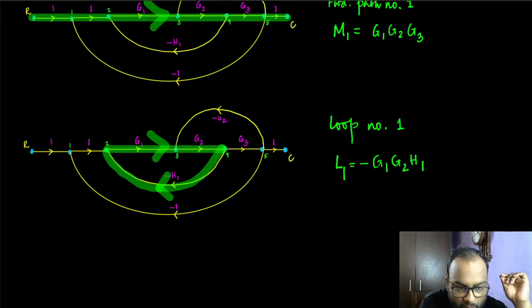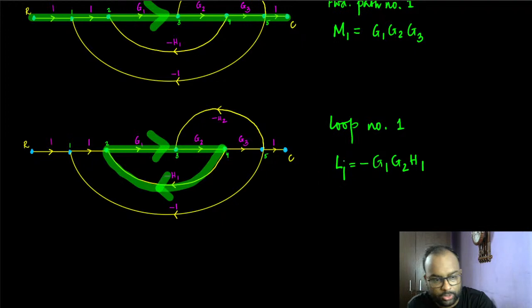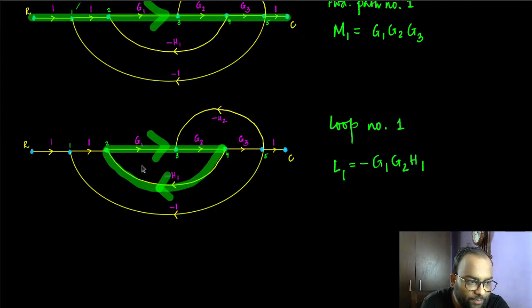That is what we call the loop gain, the gain of this entire loop. So the loop gain is G1 times G2 times minus H1, essentially minus G1 G2 H1.